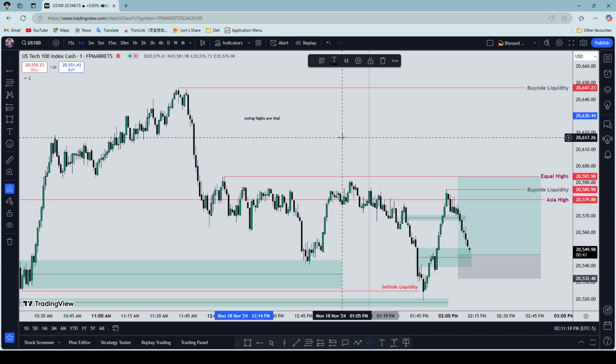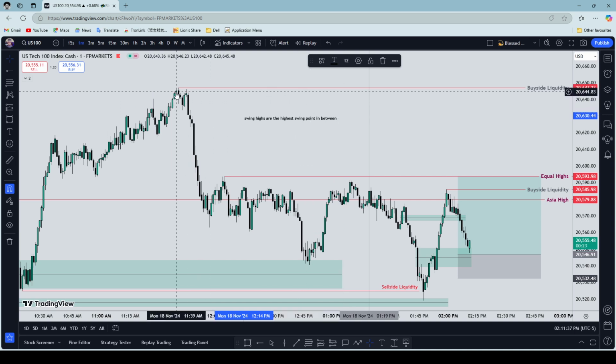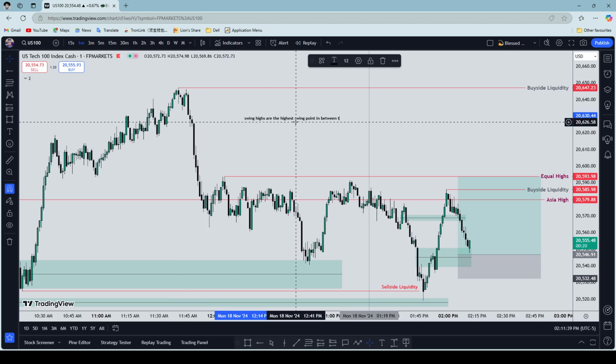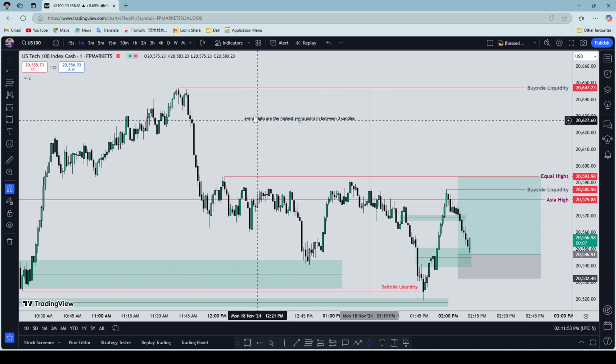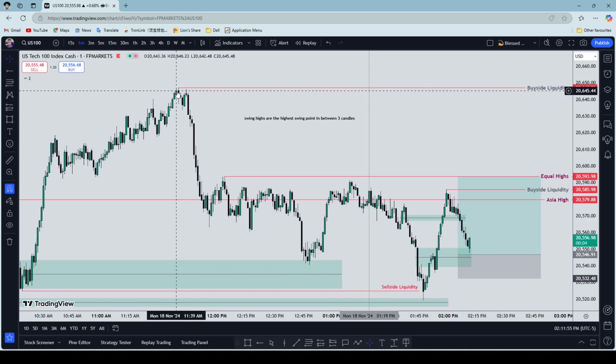The highest swing point in between three candles. So a swing high, this is three candles here.